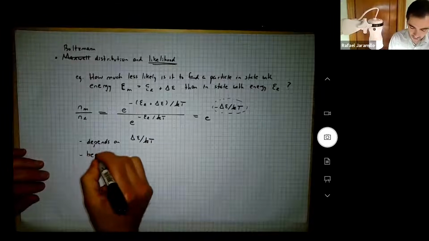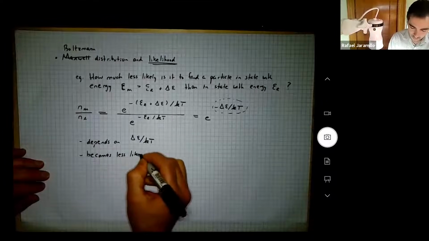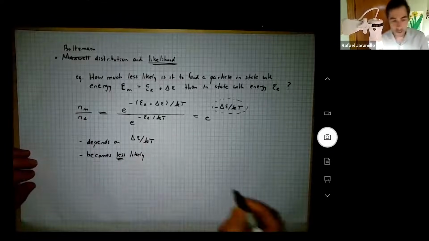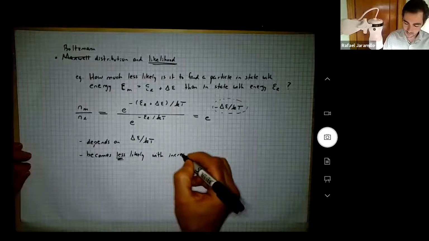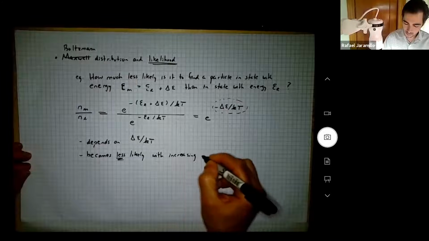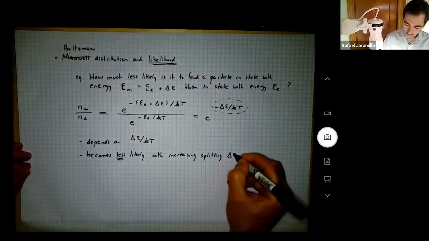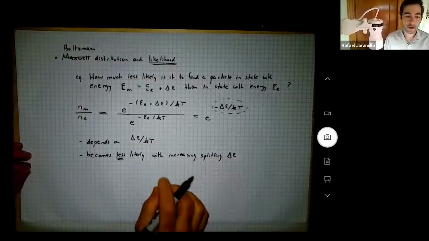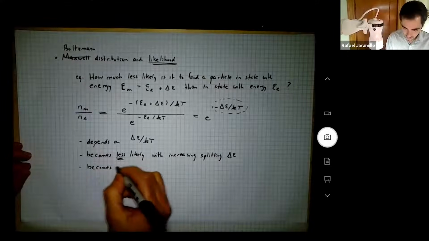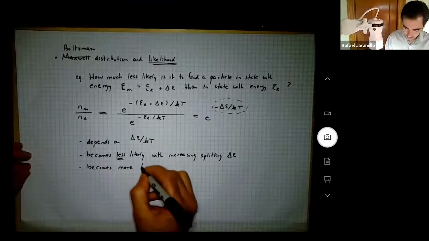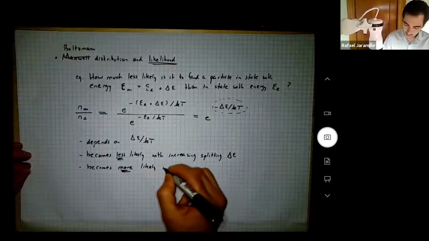It becomes less likely with increasing energy splitting delta E. And it becomes more likely with temperature.